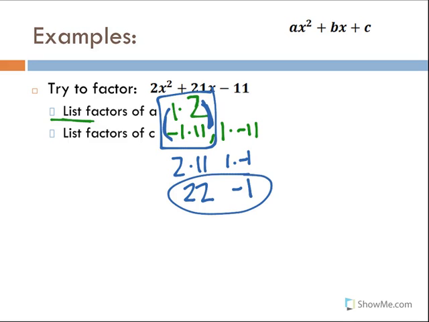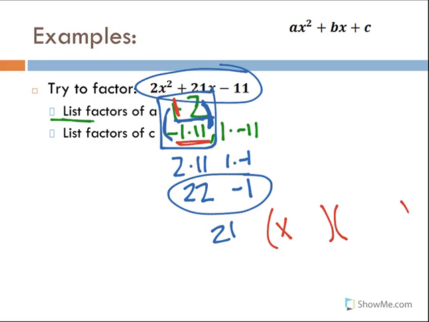Now if I combine these, I get 21, which is what I was looking for. So what are my factors? These were the factors of the front, and these were the factors of the back. So I would have a 1x, or just an x, and a 2x. And then my numbers: I had to multiply the 2 by 11, so I would put that here. So when I FOIL this out, I get 22, and then the negative 1 would go here.